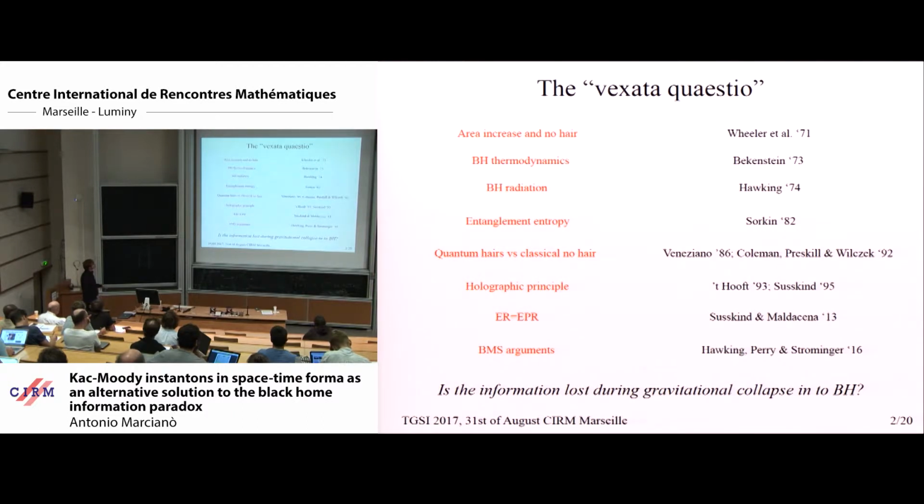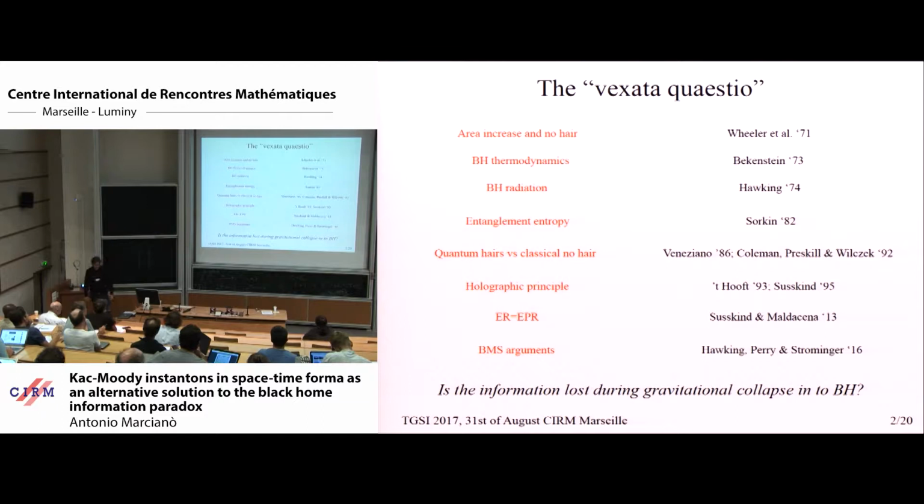Then it's in '86 that Gabriele Veneziano, and then after the same idea was again worked out by Coleman, Preskill, and Wilczek in '92, arrived to the idea that we can actually introduce quantum errors in black holes.